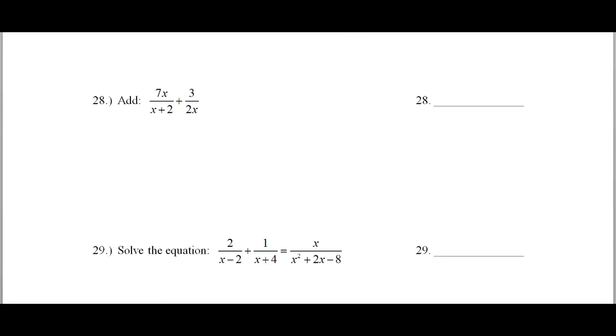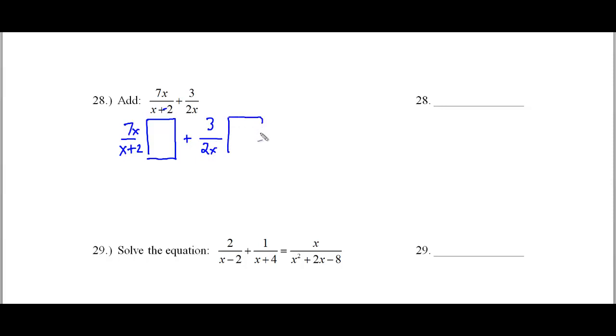All right, so we're supposed to add these two together, and you'll notice that they have different denominators. It is impossible actually to take the first denominator here, which is x plus 2, and make that into 2x. By getting a common denominator here, you're going to have to take your first fraction, your 7x over x plus 2, and multiply it by 1 to make it look like a common denominator with the second fraction, which is 3 over 2x.